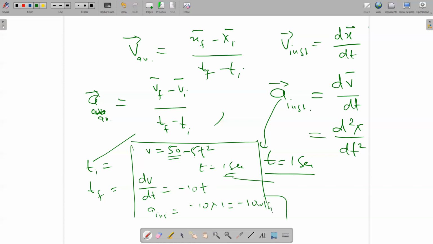If he is giving 2 times, I mean t1 is 1 second and t2 is 3 seconds, and then he is saying, find the acceleration, what will you do? First, you will find v1 and v2. Okay, let's see on the next page.